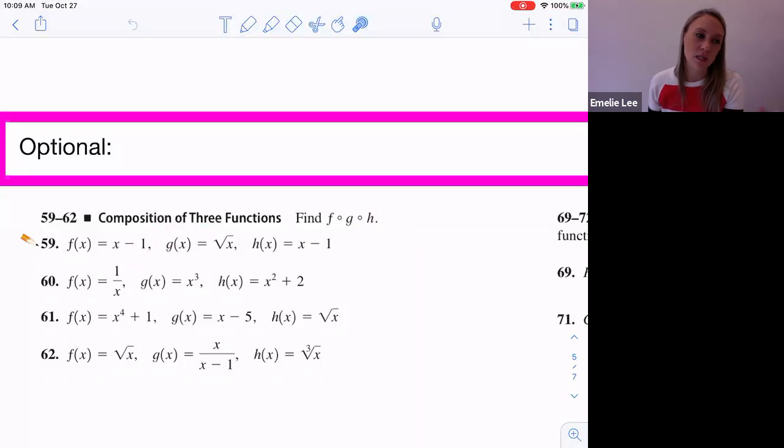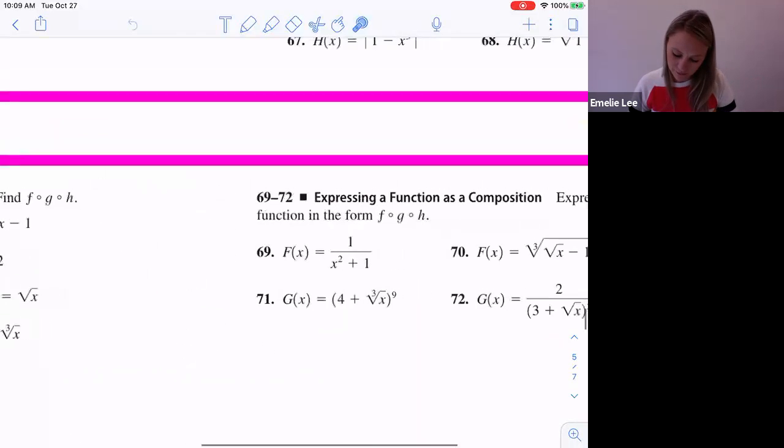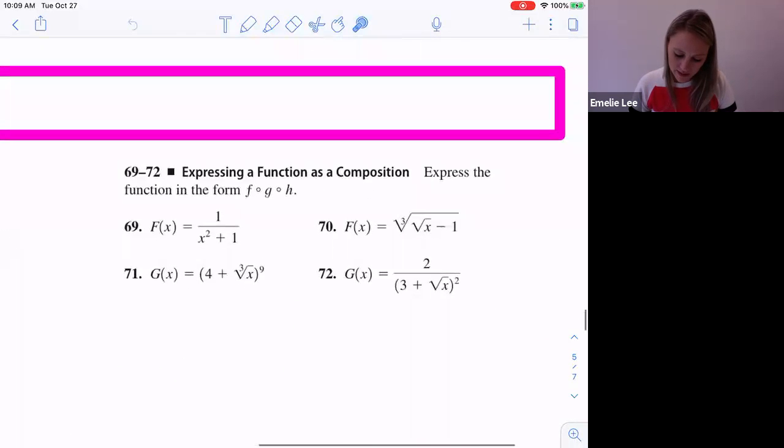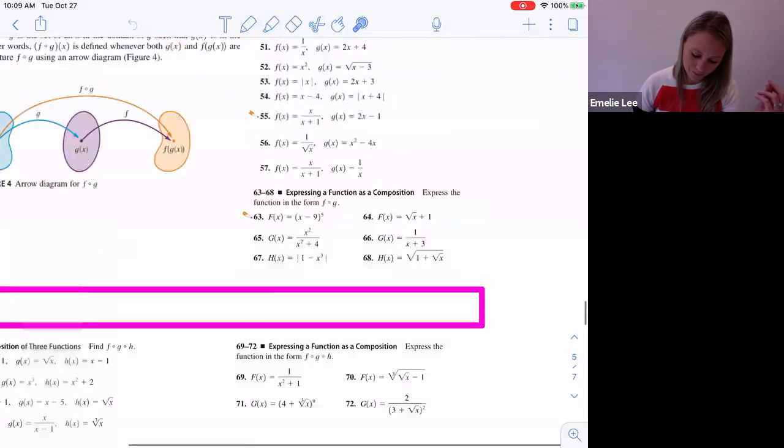So that one's pretty simple, but because I've labeled it optional, let's leave it at that. And then same thing, right? We could have a composition of more than 2 functions. And so we can work backwards and say, okay, if I've got 3 functions that are composed in here, then I can break it down and see what I could split this function into.